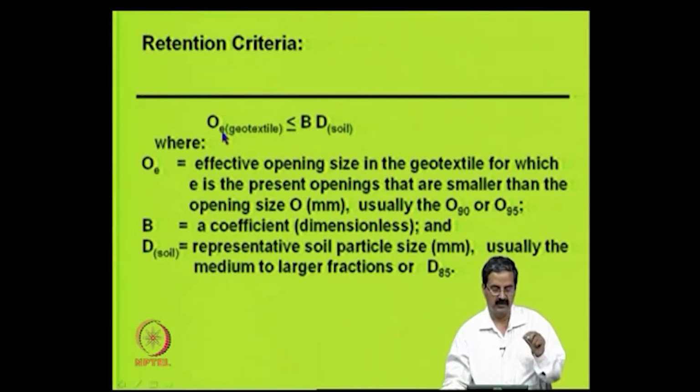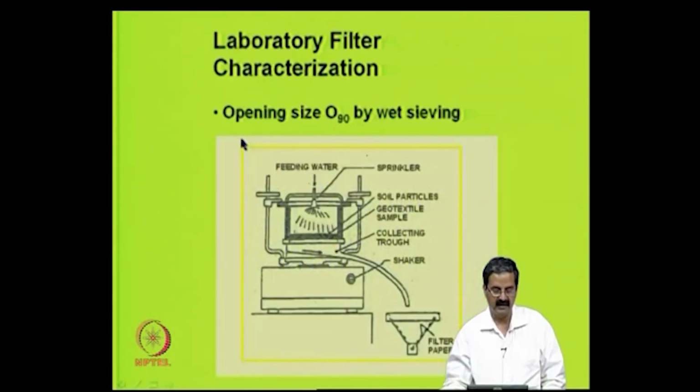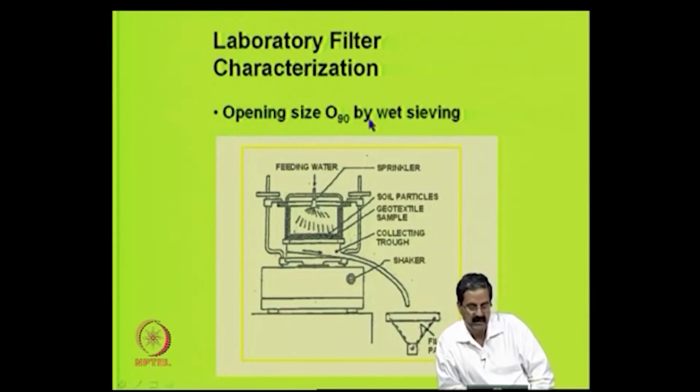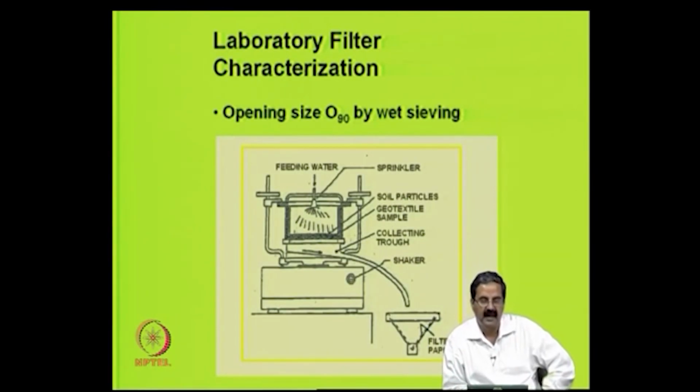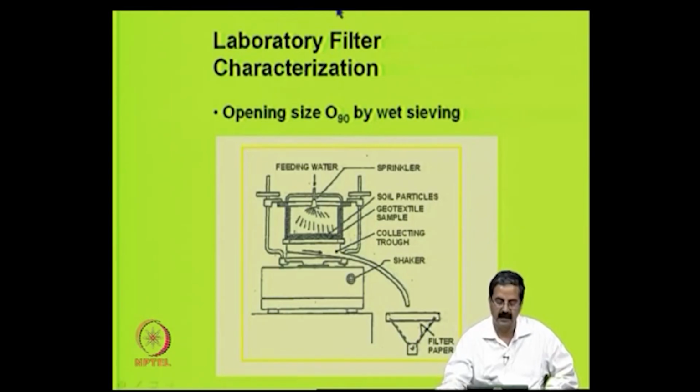So, it should be so small, and you also compare it with a bigger size, with some ratio like 3 or 4. Now, how do you get this apparent opening size? There is a test. It is called the O90 size, and we discussed the apparent opening size earlier in the hydraulic properties of geotextiles.